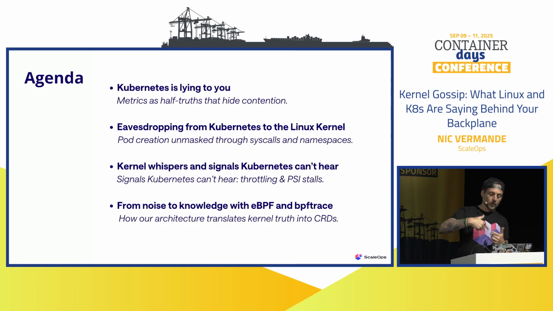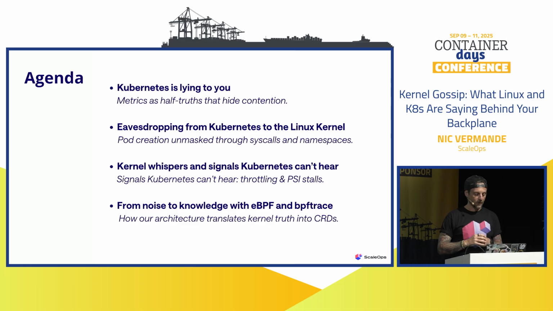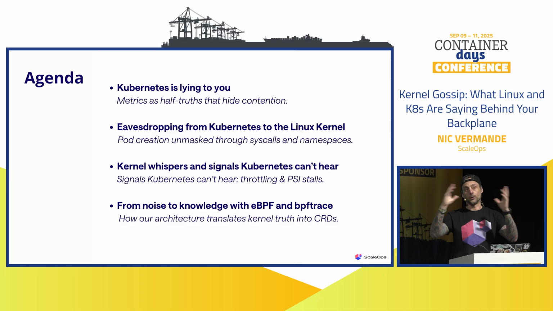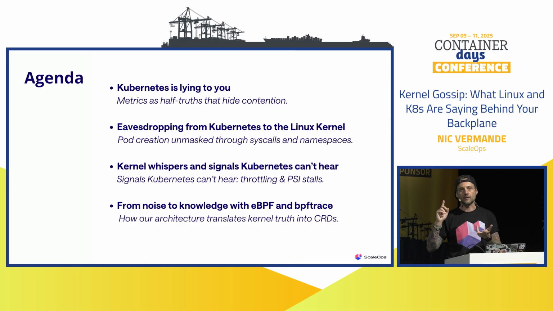Then the other direction, similar to NPD, where we're going to take a look especially at what happens when you have things like CPU throttling, how to monitor that, and how to get the right information, and again how it can differ from what Kubernetes is telling you. Finally, we're going to take a look at the solution I've built using eBPF, which is based on daemon sets and an operator.